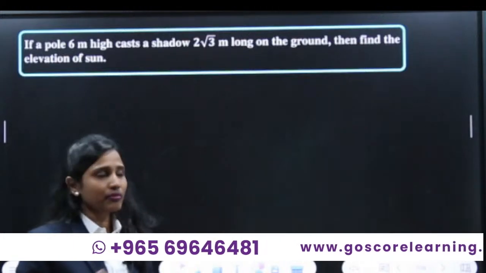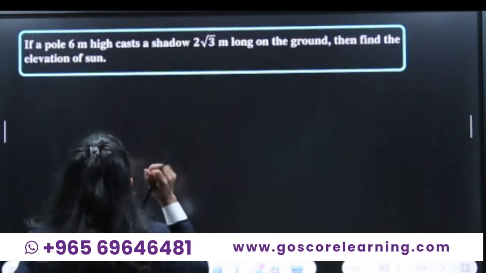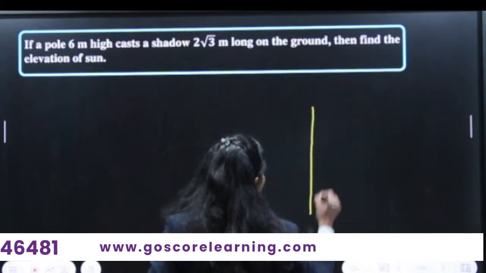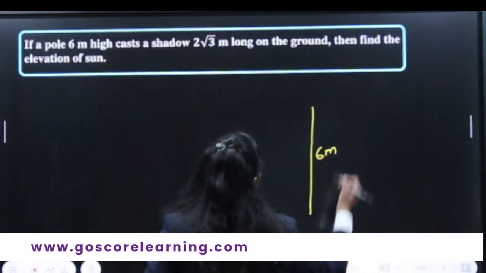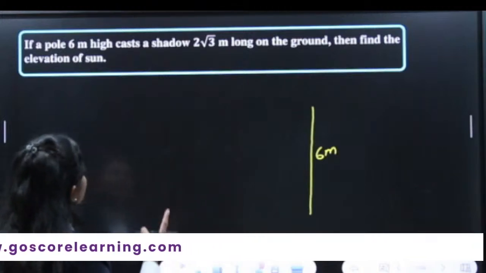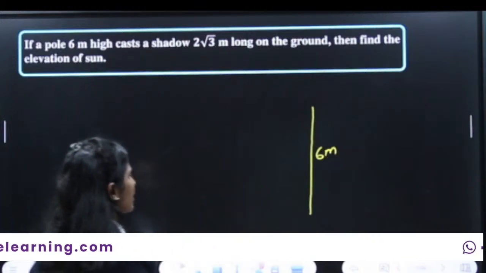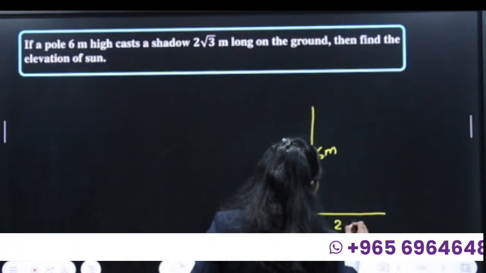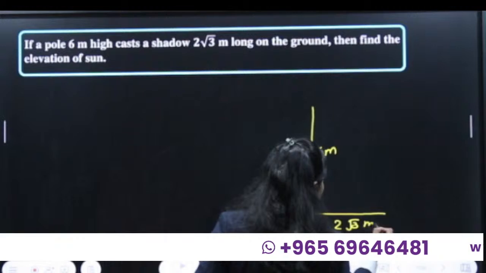Okay, now we have a pole of 6 meter height. So it is of height 6 meter and it casts a shadow 2 root 3 meter long. So it has a shadow like this. It is 2 root 3 meter.